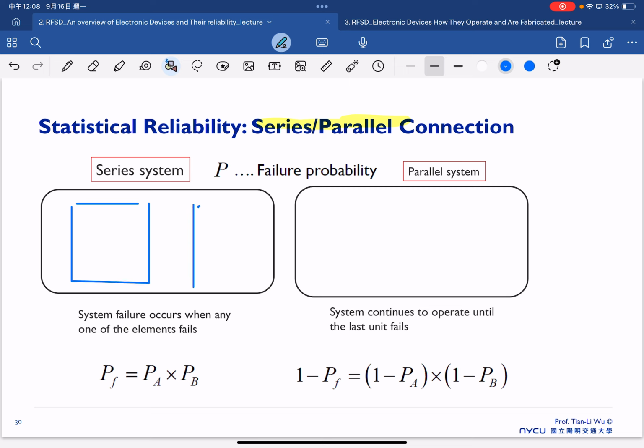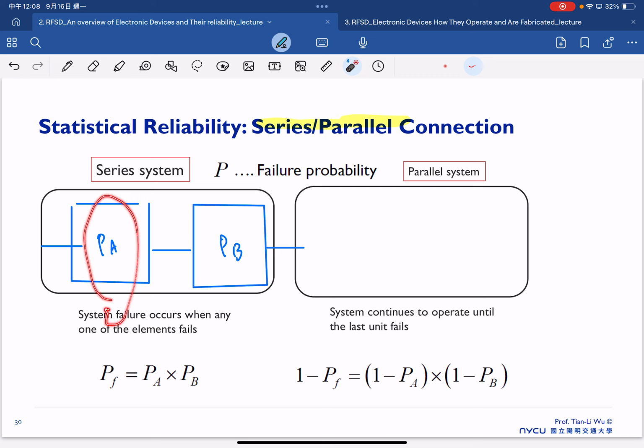That's the series system. In this case, how do we determine the value? It's simple. We just multiply the value for each one. We call that the overall system value. That's the series system.